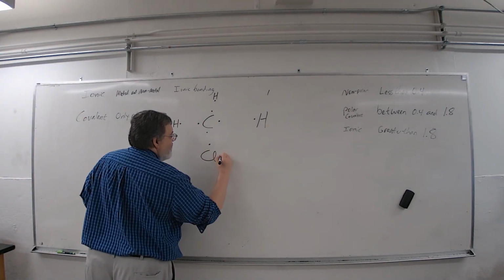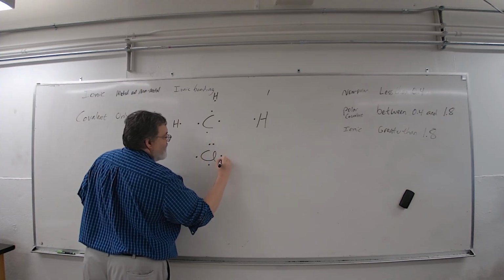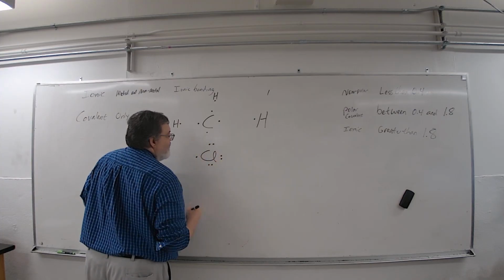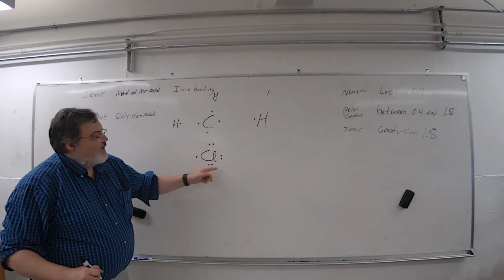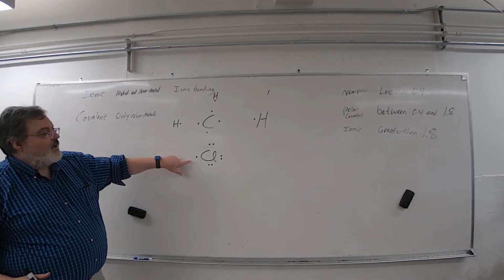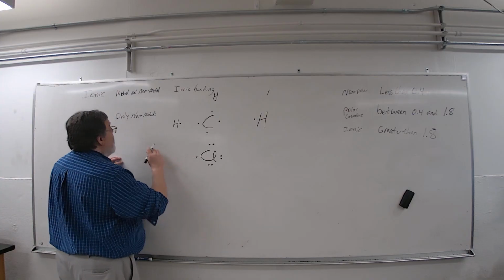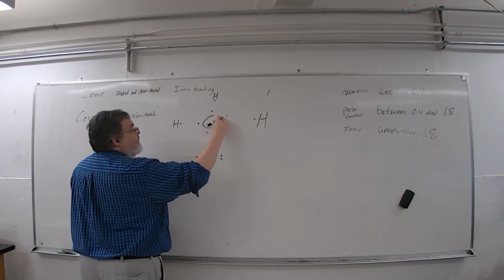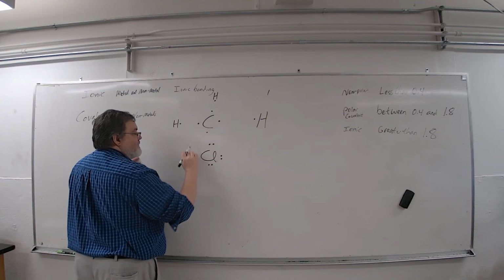And I would go 1, 2, 3, 4. And now I'm coming back around 5, 6, 7. So you would say that chlorine has 3 lone pairs of electrons, and it's got this one single electron. This single electron tells you that chlorine will make 1 covalent bond. These 4 electrons tell you that carbon will make 4 covalent bonds.